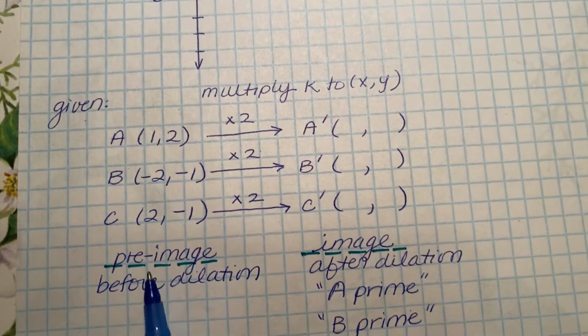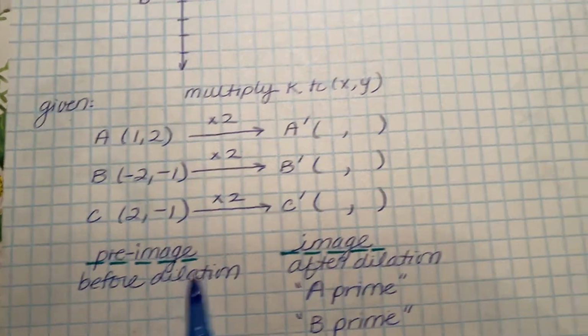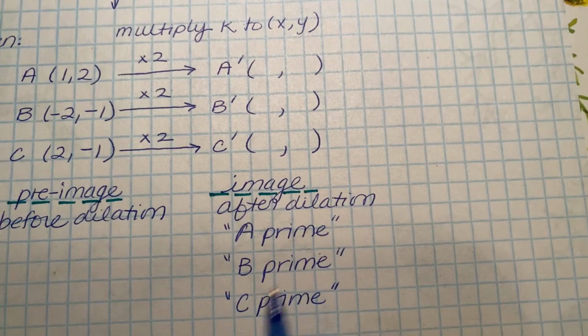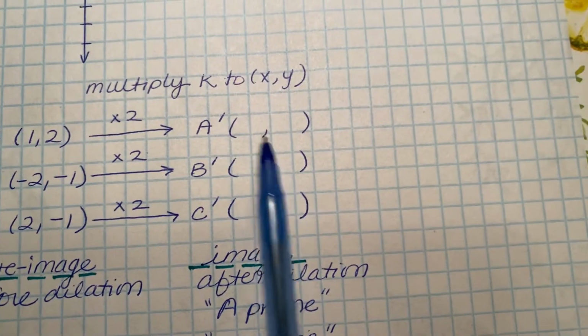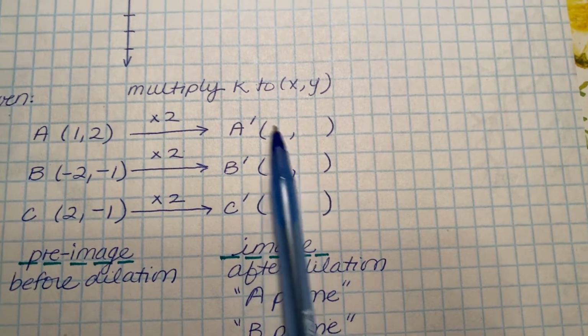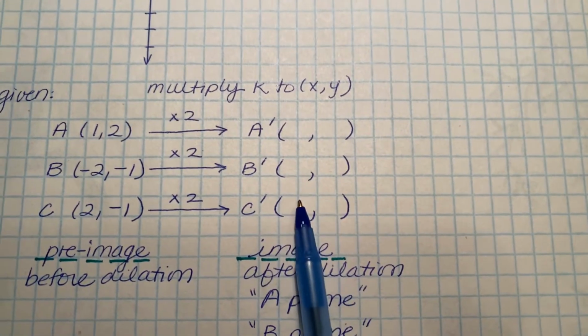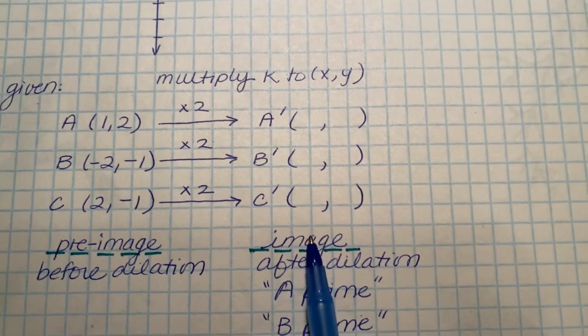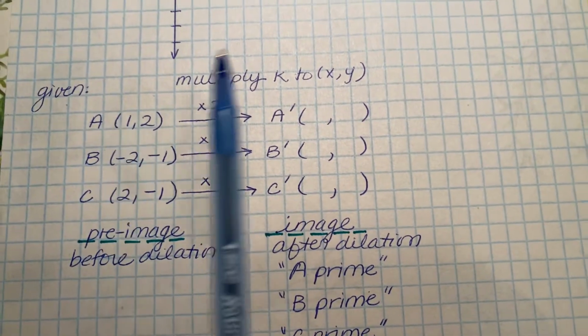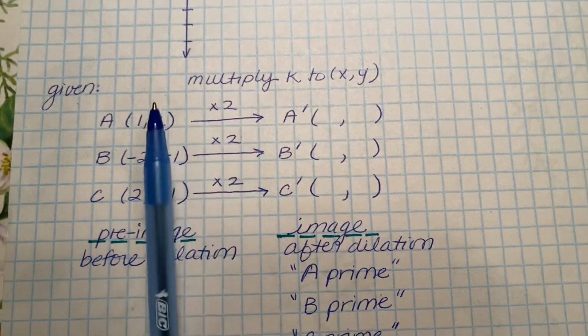It's the image before I dilate. The little primes, A prime, B prime, C prime, okay, those points and that triangle, once you connect the dots, that is called the image. It's after the dilation. So before the dilation, after the dilation.